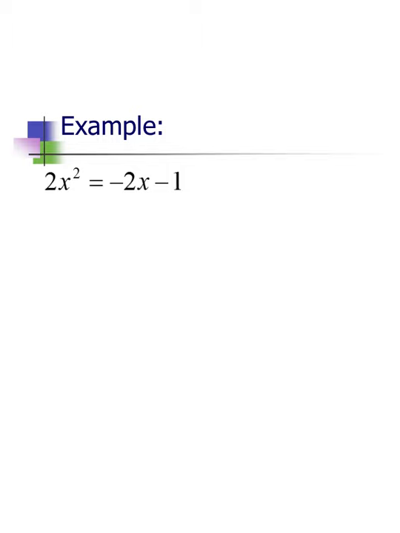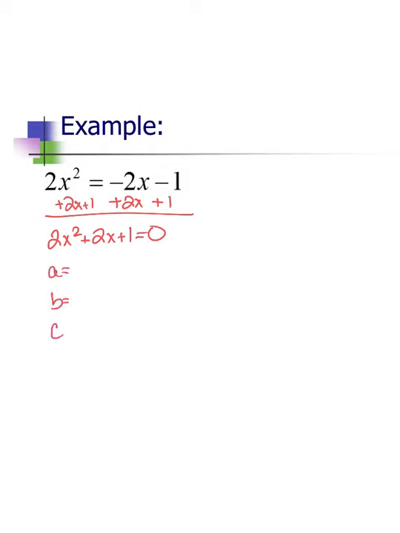And the last example that we're going to work with, the first thing I notice is that it's not equal to 0. So we always want to make sure that our squared term is positive. So I'm moving the 2 terms on the right to the left. Off to the side, I'm going to list my a, my b, and my c. I'm going to write down the formula.